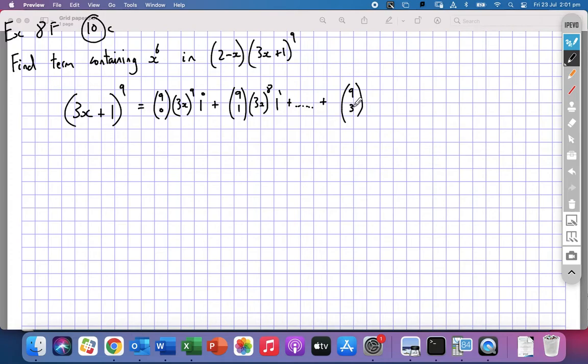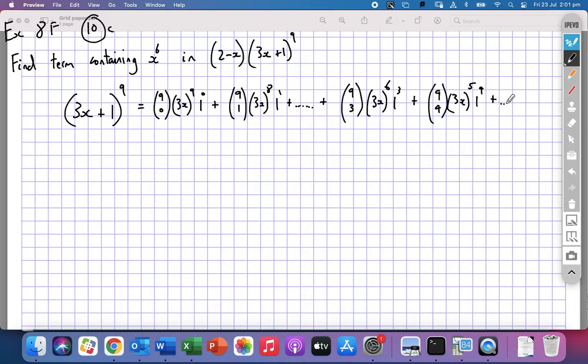So when we get to the fourth term, where the k or r, whatever letter you like, is 3, you'd end up with this, 3x to the power of 6, 1 to the power of 3. And then the term after that is also of interest. And we'll explain why in a minute. 3x all to the power of 5, 1 to the 4.